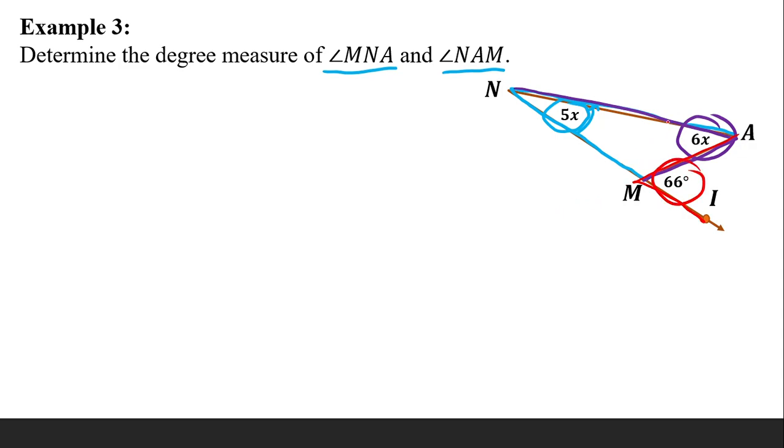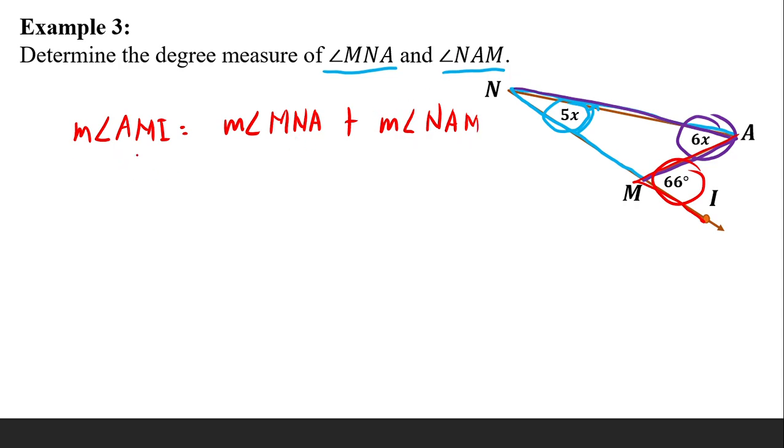The two non-adjacent angles are angle MNA and NAM. First, write the exterior angle: measure of angle AMI is equal to measure of angle MNA plus measure of angle NAM. These two angles are non-adjacent angles, and AMI is the exterior angle.